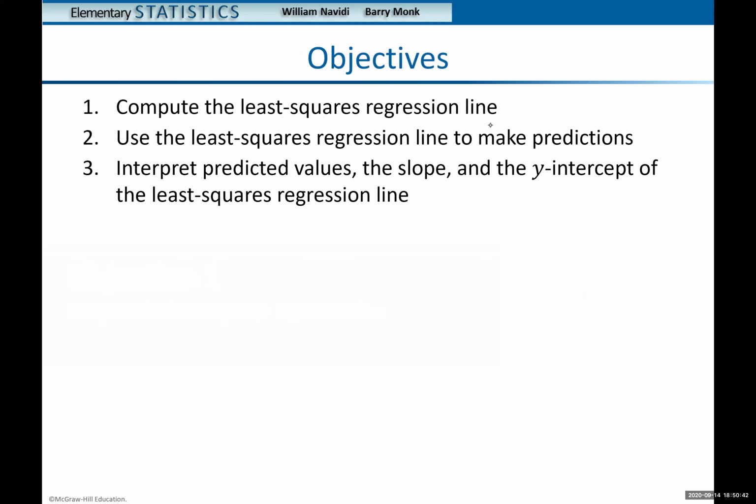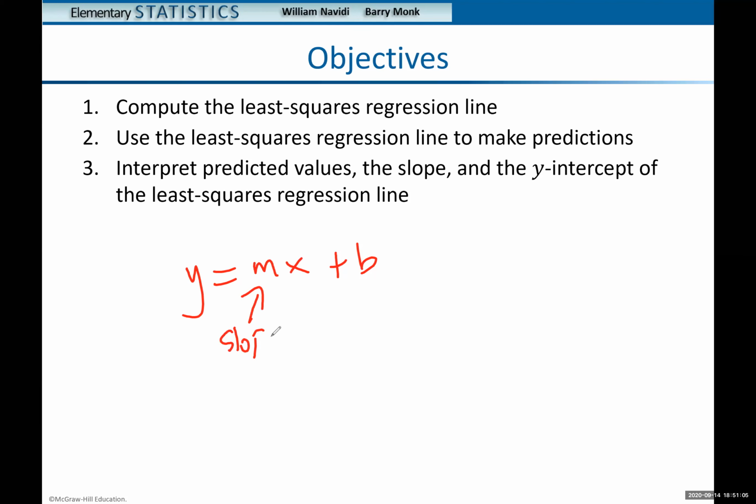So in algebra, I'm sure you remember this. What's the equation of a line again? Do you remember? Y equals mx plus b. Yes, very good. So y equals mx plus b, or ax plus b, yes. M is the slope and b is the intercept.